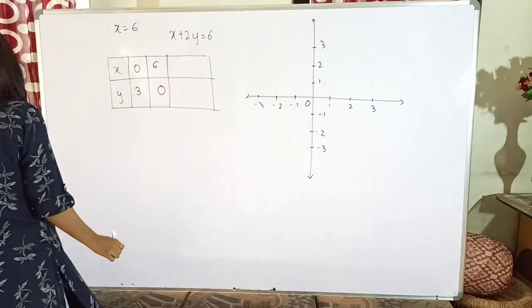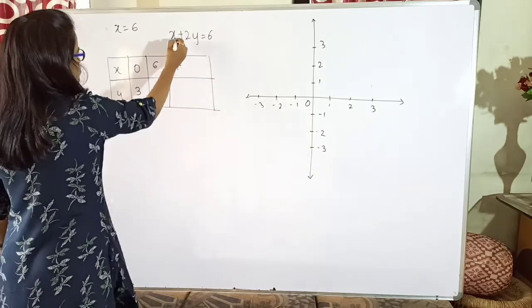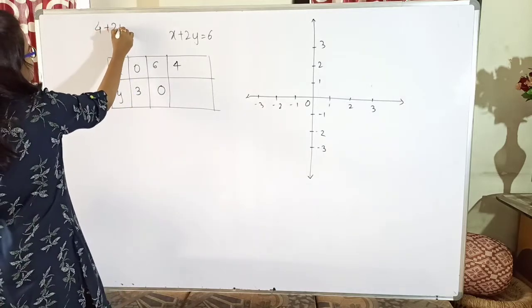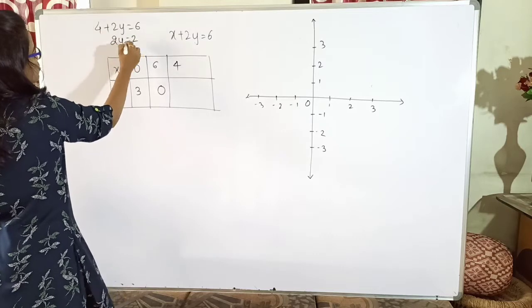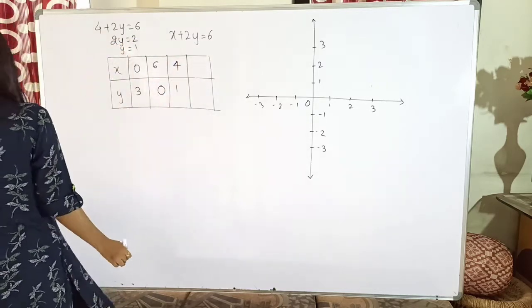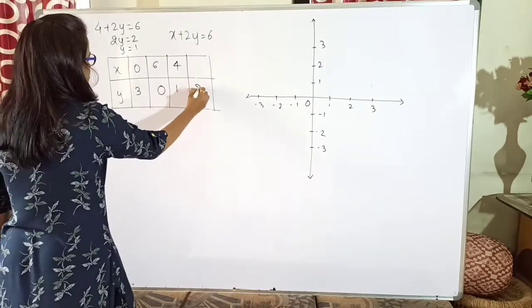Further, what if I consider the value of x as 4? Here it will be 4 plus 2y equal to 6. Shift this 4 to the other side, so it will give me 2y equal to 2 and y equal to 1. In the next case, you can consider the value of y as 2.